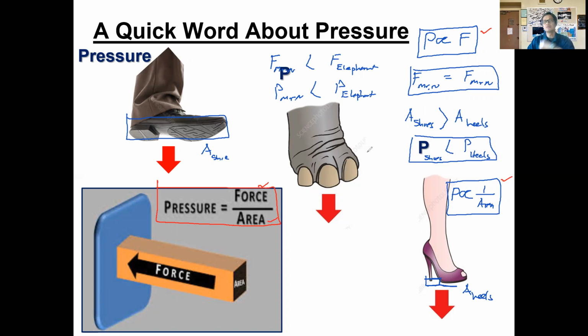We're going to use this equation quite a bit, and I'm going to use it in the analysis of gas pressure. We already said gases are in constant motion. They're always moving around, and as they move around, if they bounce into something, they push into it. They apply a force on that object, whatever it may be.